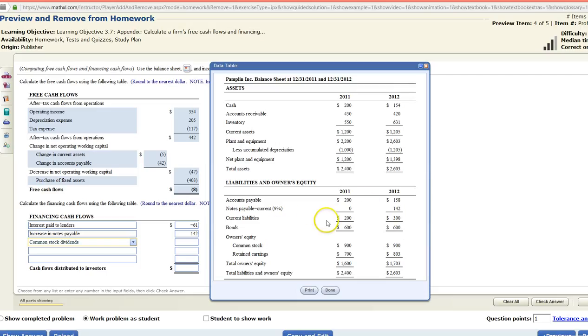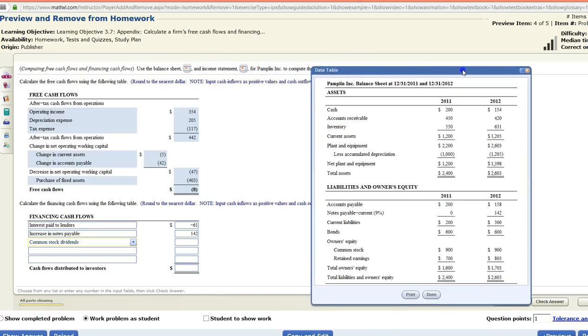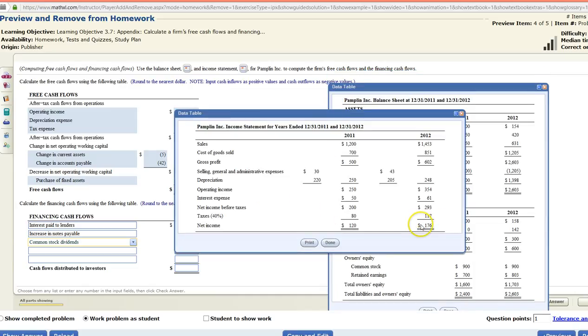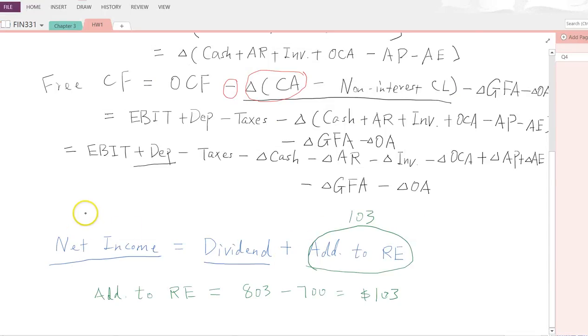Let's go back to the income statement. Net income of 2012 is 176. So going back here, 176 equals dividend plus 103. Hence, dividend equals 176 minus 103. And that gives me 73.